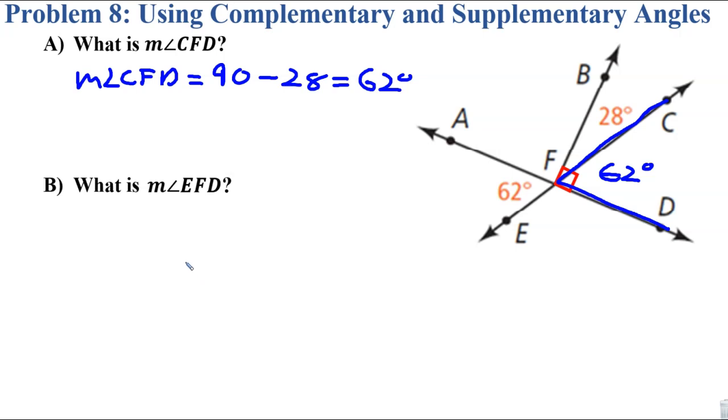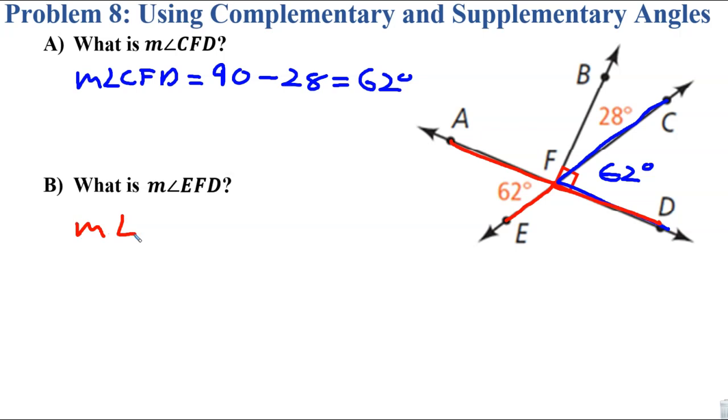So part B then is going to be a supplementary problem. It says, what's the measure of angle EFD? Well, E to F to D is this angle on the bottom here. The trick for doing this one is recognizing that angle AFD forms a straight line. Therefore, it is equal to 180 degrees. So AFE and EFD will be supplementary.